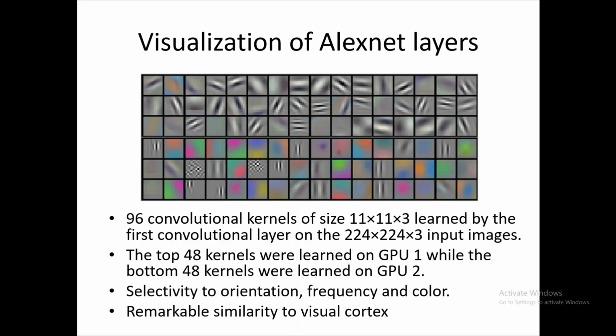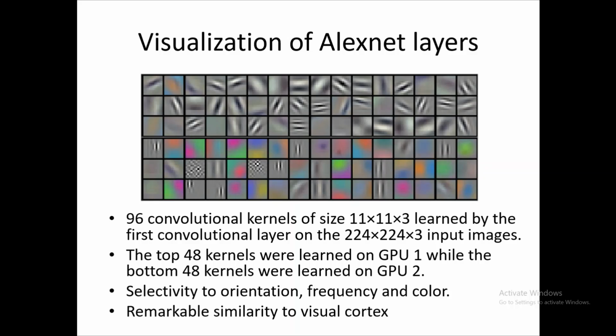When we look at the top 48 kernels, they look highly selective to orientation. It will select only the input of a particular orientation, like each kernel is associated with some specific direction.